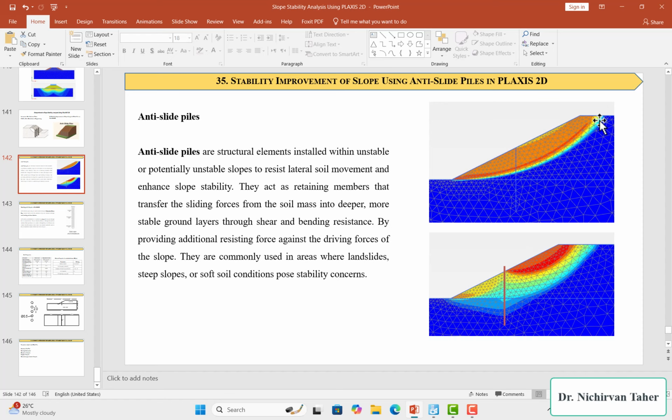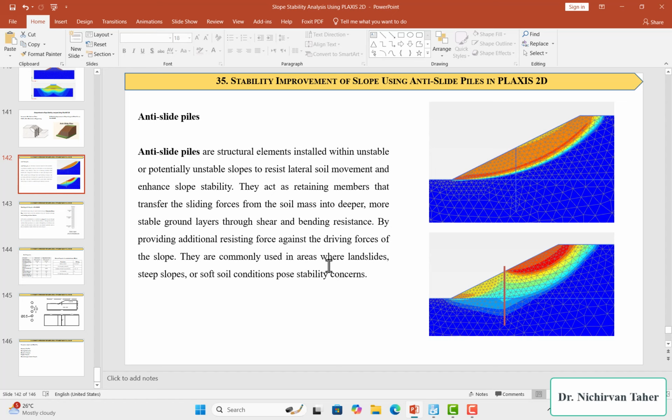As you can see in the first, which is the unreinforced slope, there is a shallow failure surface of the slope, but after installation of these anti-slide piles, we can see the failure surface goes deeper due to these rows of anti-slide piles which act as a retaining structure.